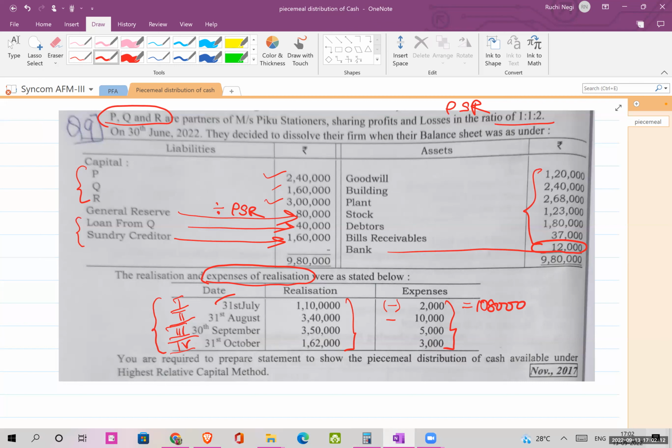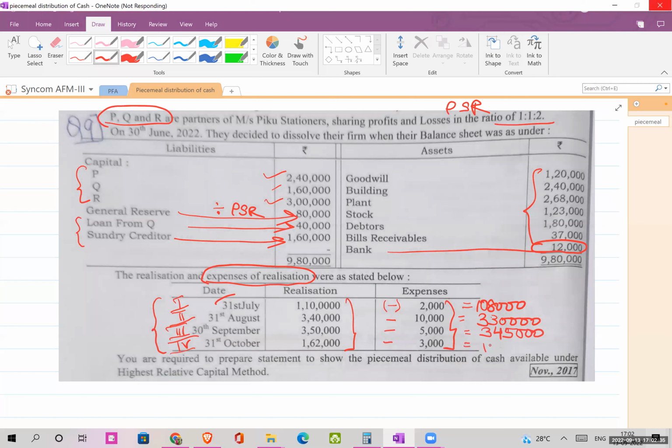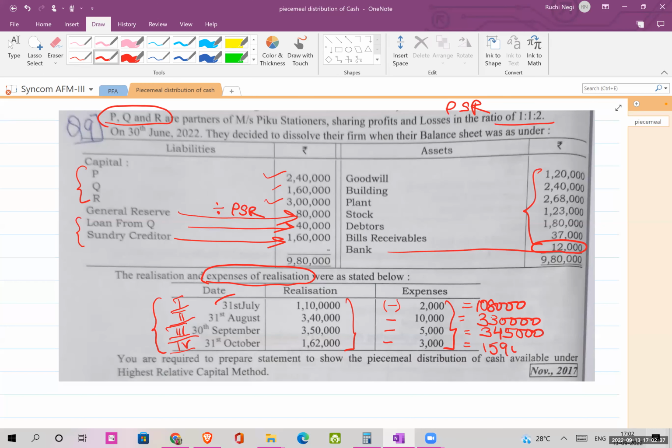Next, 3,40,000 minus 10,000, that makes it 3,30,000, available for making your payment of your liabilities. 3,50,000 minus 5,000 makes it 3,45,000, your second cash receipt. And last, 1,62,000 minus 3,000, that makes it 1,59,000. Okay, this is your available cash which you will distribute.